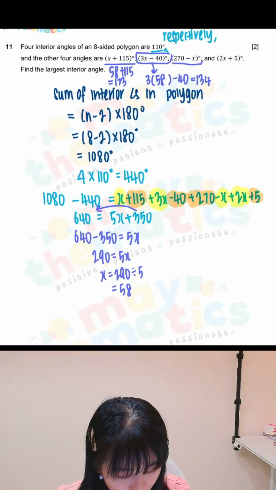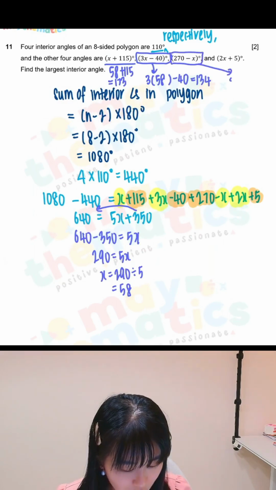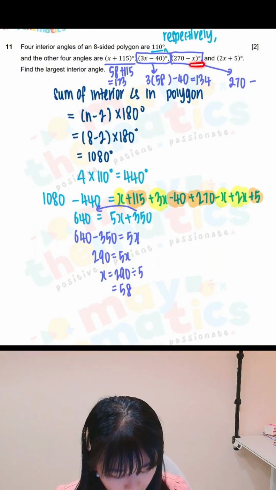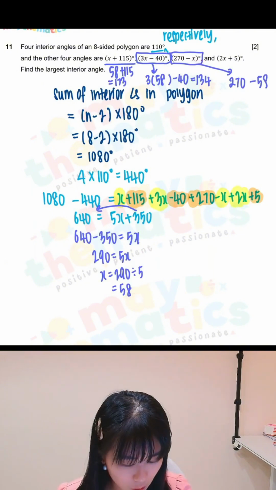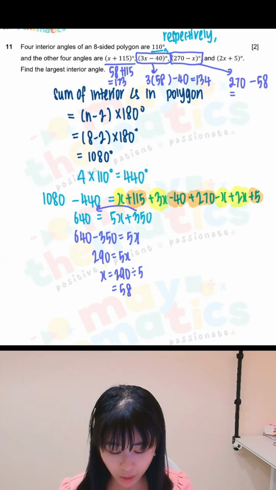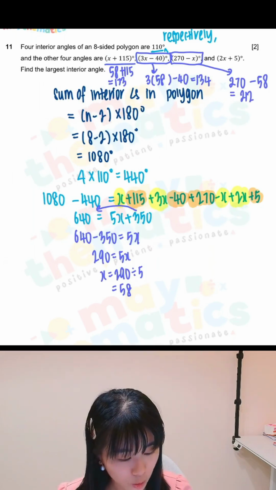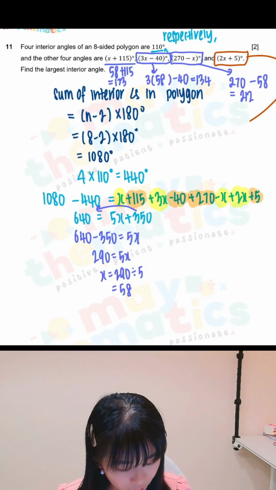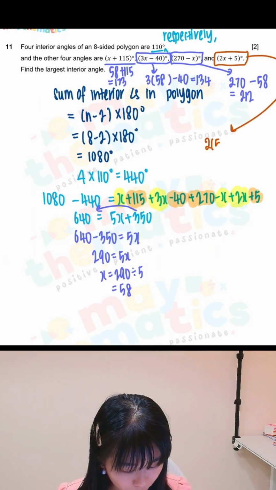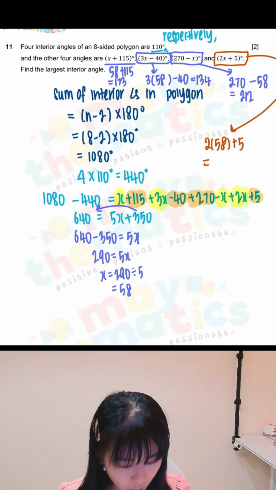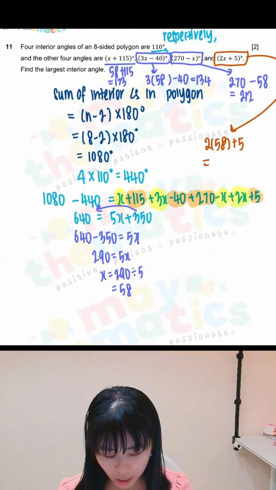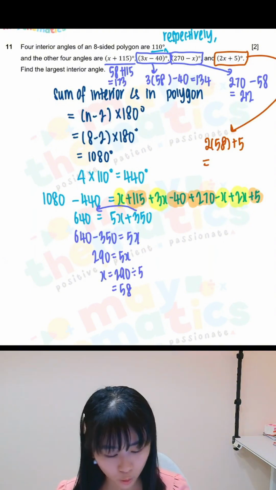Next one, 270 minus x is 270 minus 58, you'll get 212. Last one, 2x plus 5 is 2 times 58 plus 5, you'll get 121.